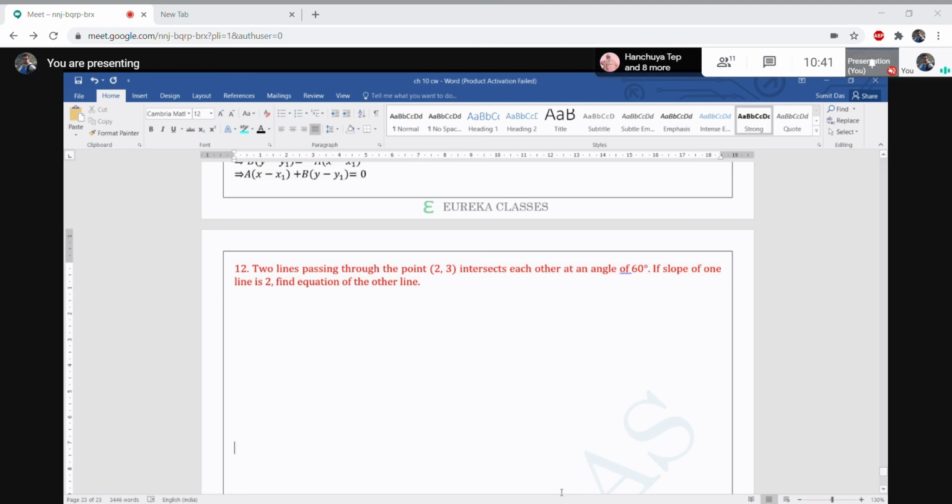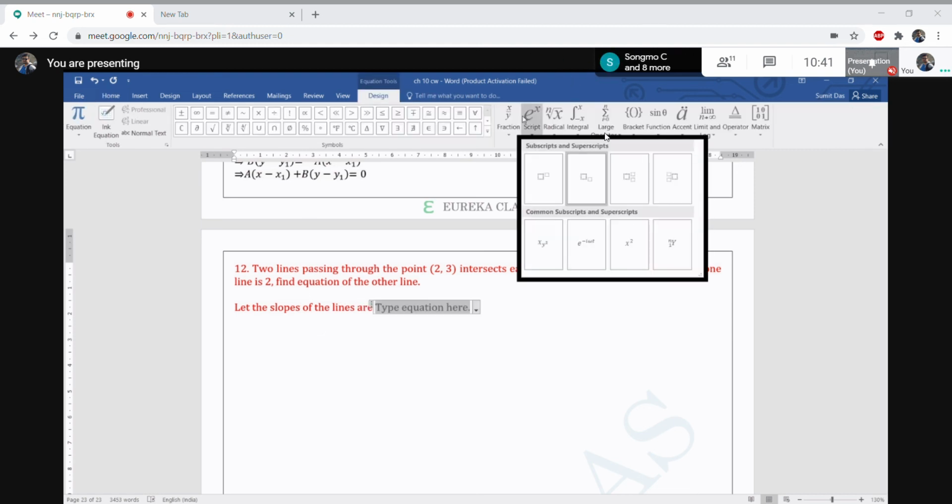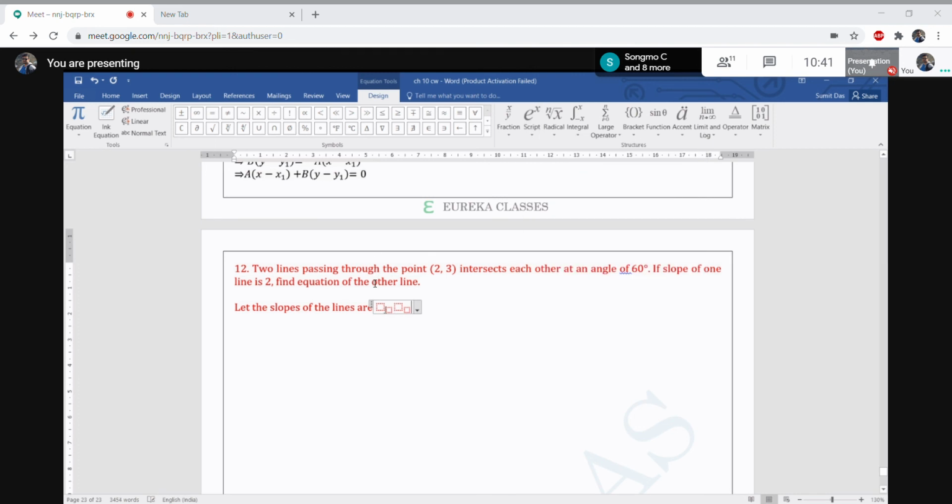So let the slopes of the lines be m1 and m2.